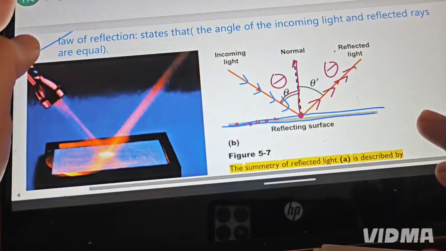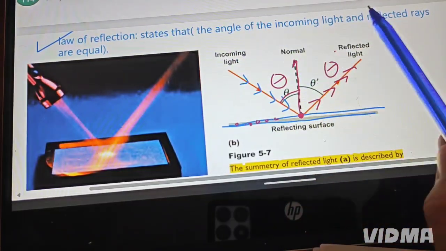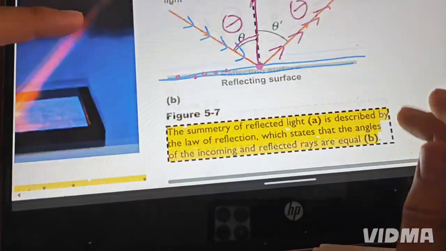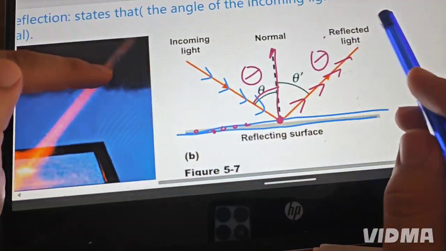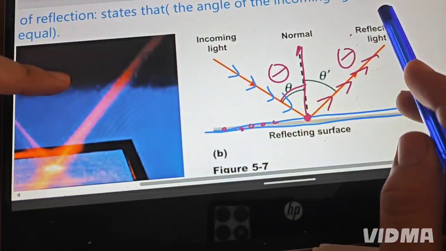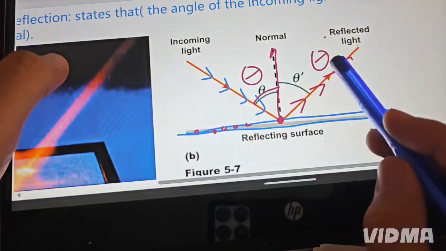So here we have the law of reflection. The law of reflection says the angle of the incoming light and the reflected ray are equal; the angles of both of them are equal.